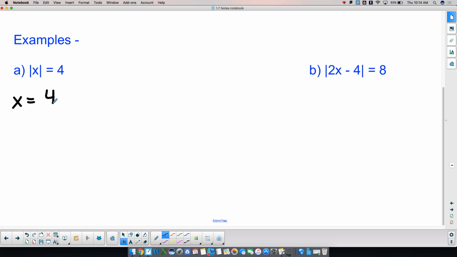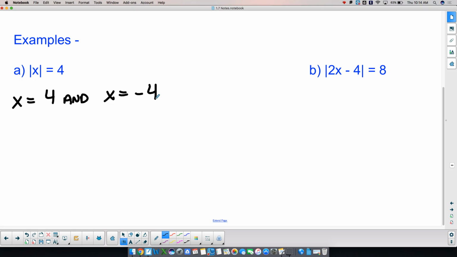So I get x equals 4 as my first equation. My second equation is the insides of my absolute value equaling the negative of the entire right side. So I get x equals negative 4.